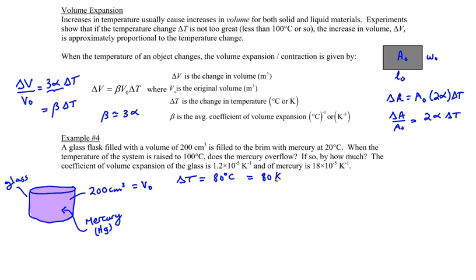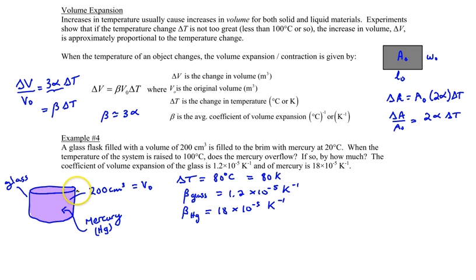However, if you look carefully, the coefficient of expansion for glass is only 1.2 times 10 to the power of negative 5 Kelvin to the power of negative 1, while the coefficient of mercury is actually 18 times 10 to the power of negative 5 Kelvin to the power of negative 1.